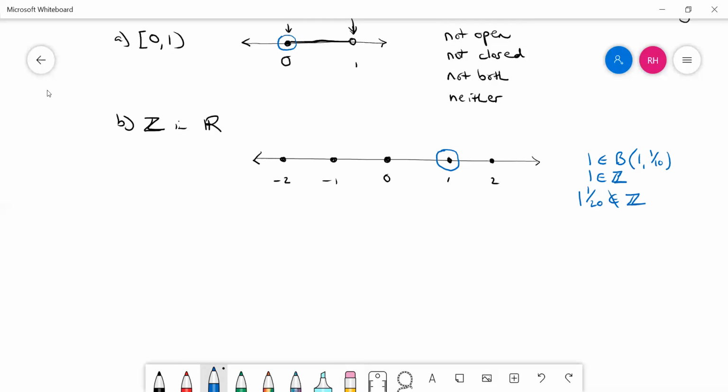So this is a boundary point. So 1 is a boundary point.